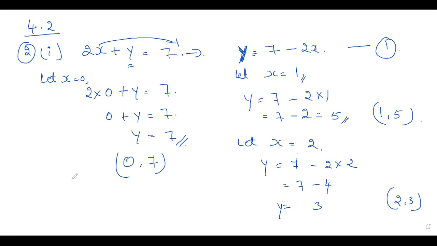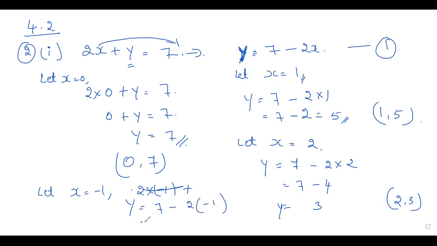Now you can give minus values also. Let x is equal to -1. Substitute -1 in place of x. We take this equation: y is equal to 7 minus 2 into, what is x here?